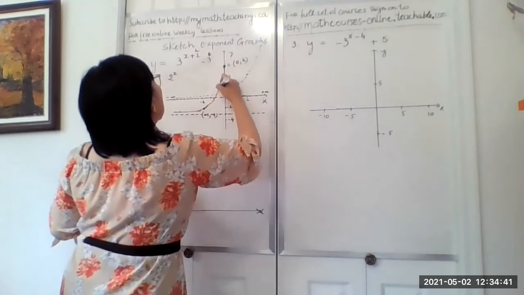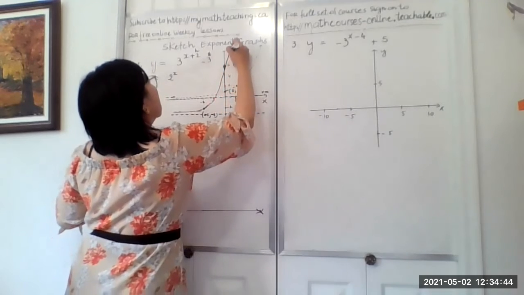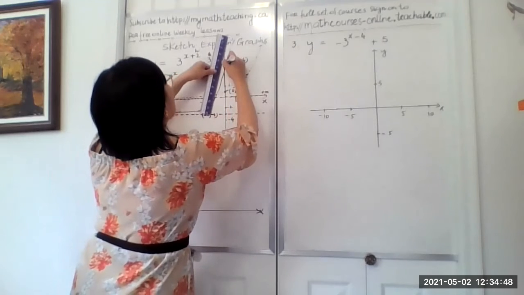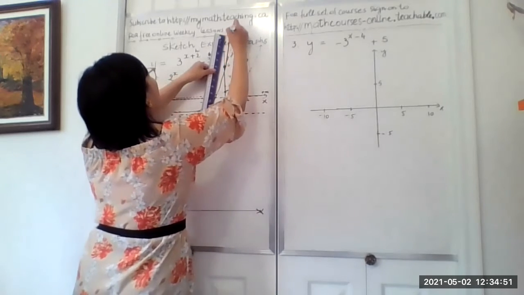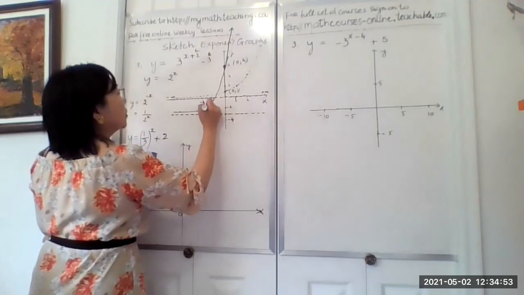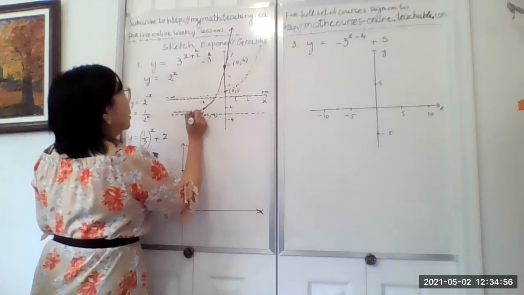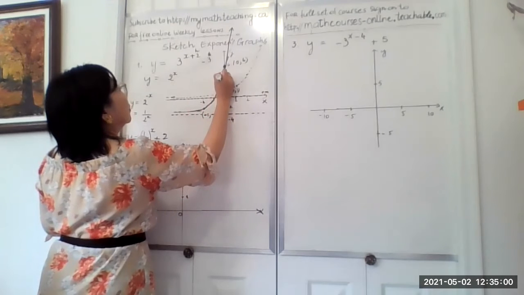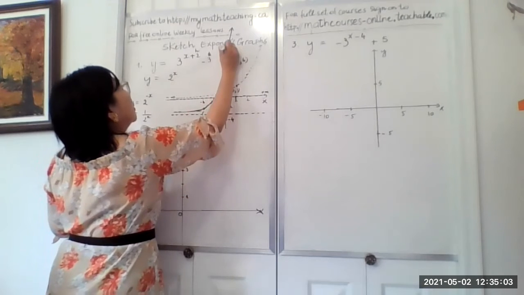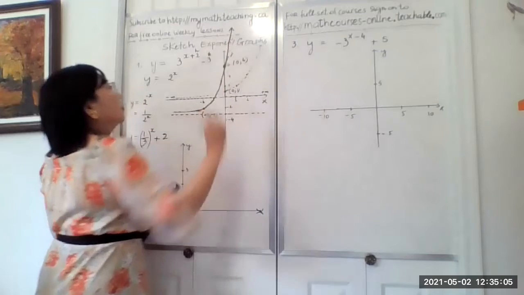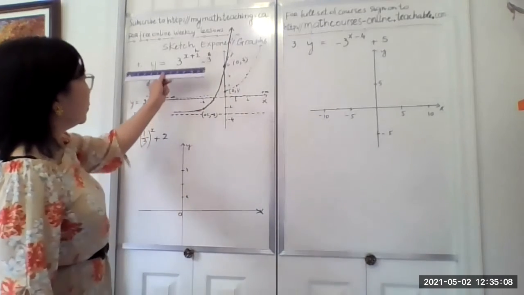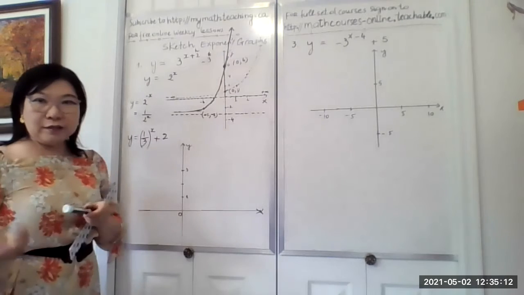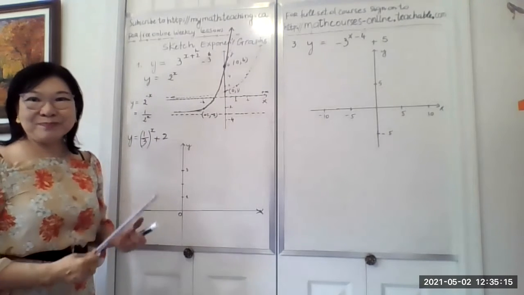It looks something like this. So that's our new function. That is a transformation of our exponential function going to this point and continuing like that. So we're done with the first graph, and you see that we don't need the graphing calculator.